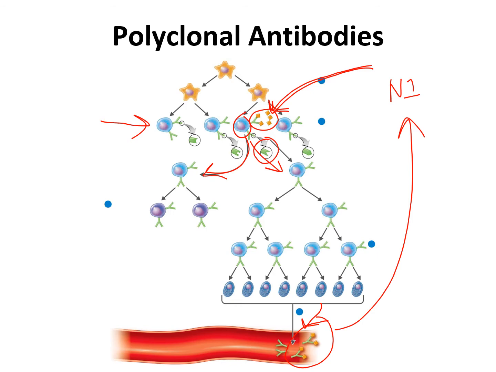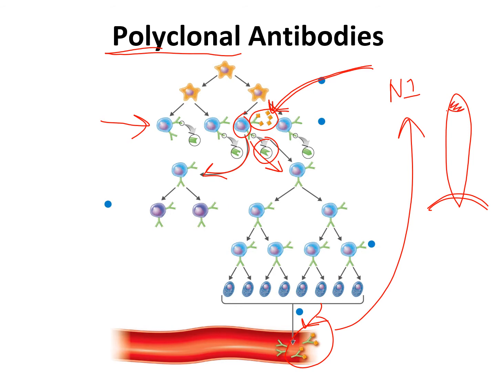The one problem with using animals to generate antibodies to a particular antigen is that often they will end up being polyclonal. Polyclonal, poly means many, many B cell clones are responding. So what happens is that the N1 antigen, which is a spike found in the enveloped virus, so this is the envelope, this is the spike in the virus, that antigen N1 will have several epitopes.